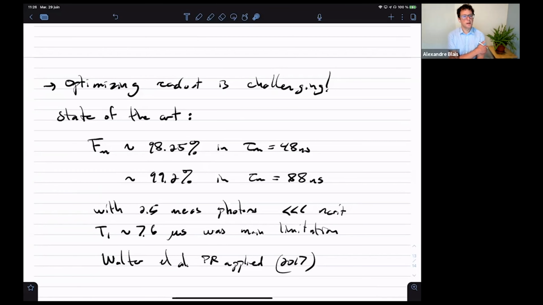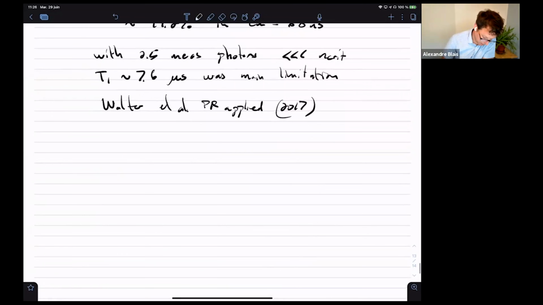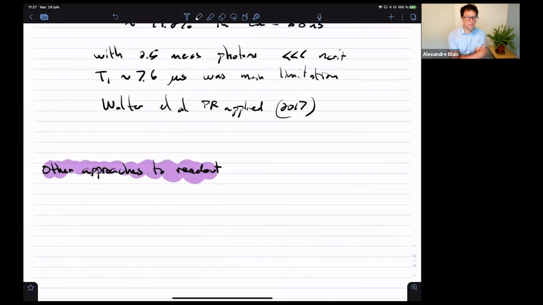In fact, what I'd like to talk about is other approaches to qubit readout. Here I wanted to spend more time, but I'll limit myself to the next 15 minutes to be able to move on to the next topic this afternoon. Well, in the next set.